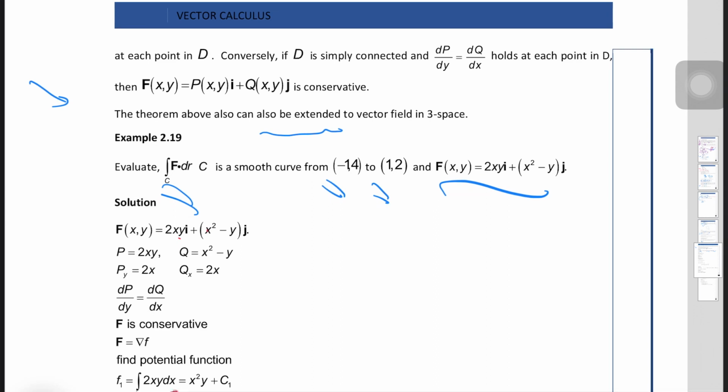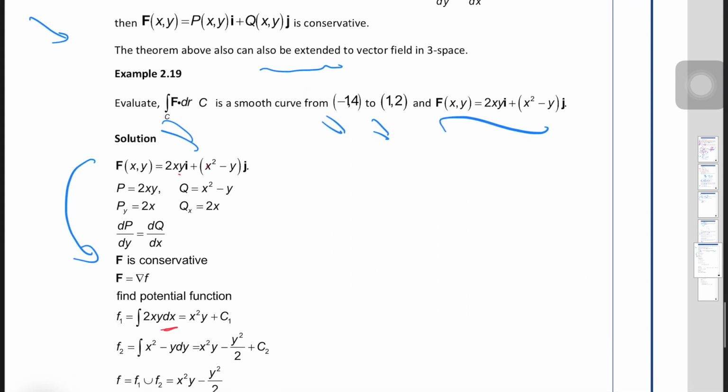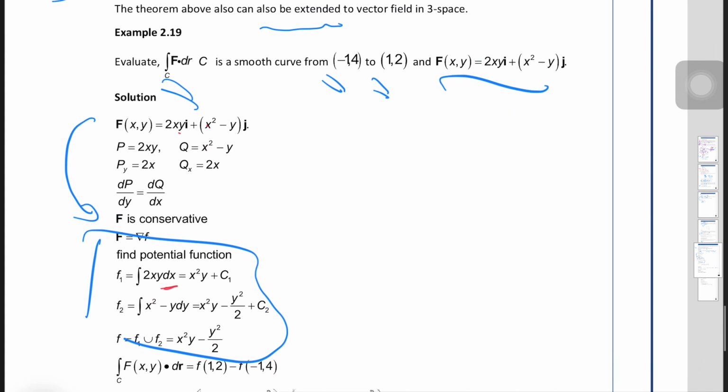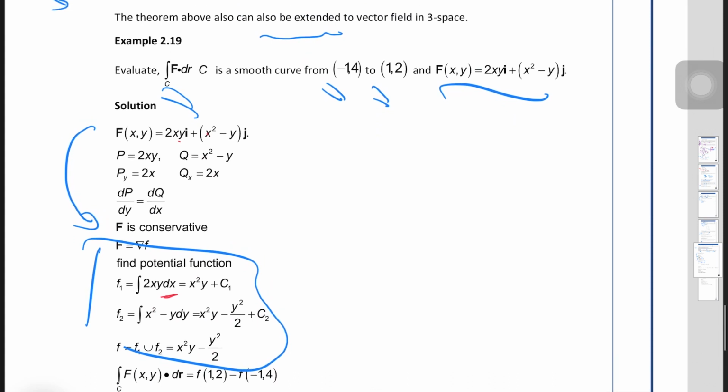Okay, macam tadi. First you must show that the F adalah conservative, dan kita carilah dia punya potential function untuk cari work done. Jadi bagaimana nak buat? Since kita ada x and y, maksudnya kita ada dua lah, f1 and f2. So integrate f1: integral of 2xy dx equal to x square y plus c1.